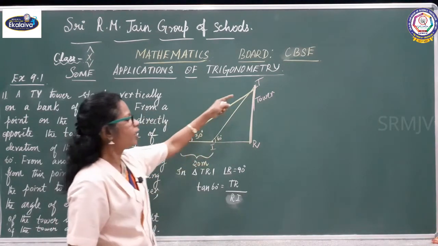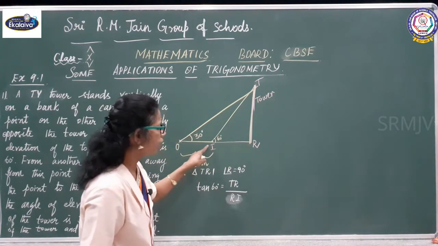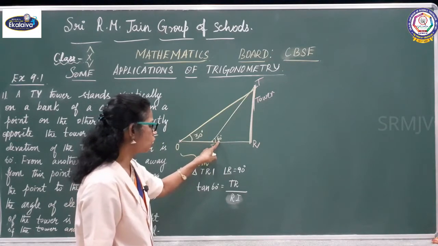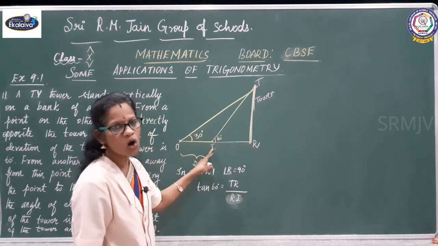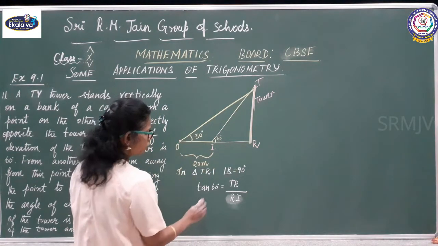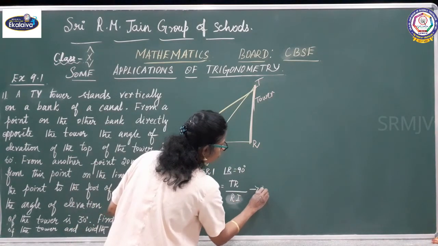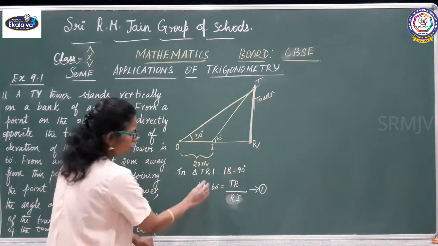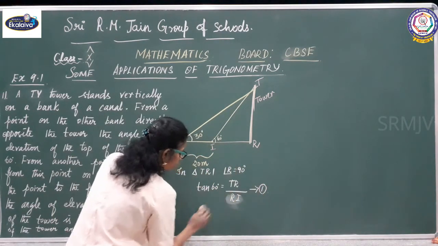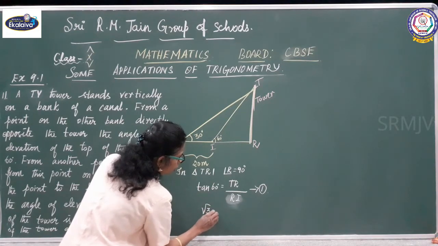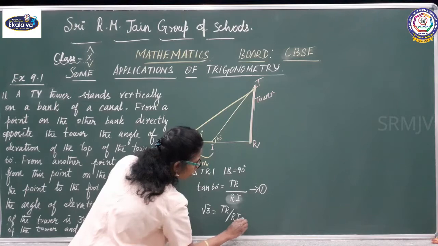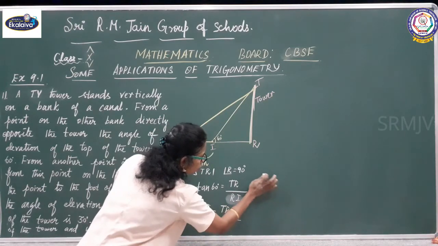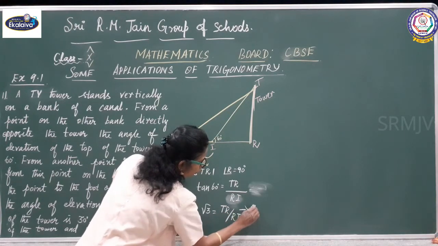We are taking a triangle TRI. Angle is 60. So, tan 60 equal to TR divided by RI. Next, that is equation number 1. Root 3 equal to TR divided by RI. That is equation number 1.